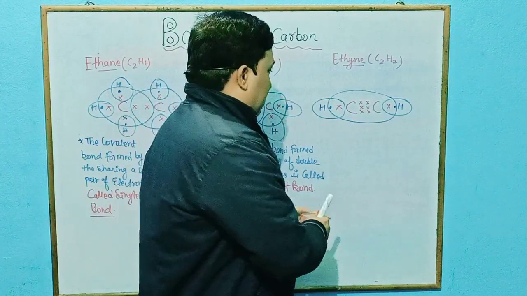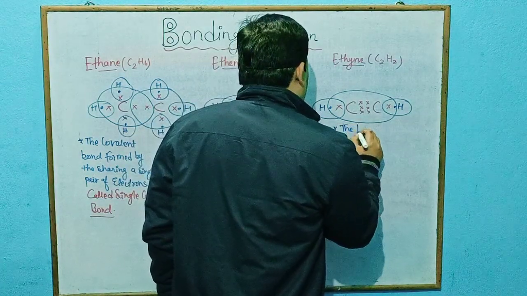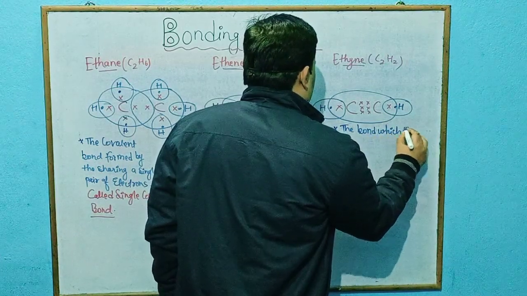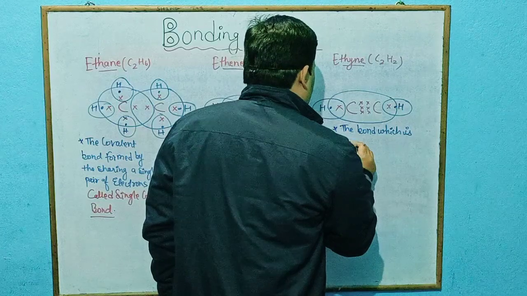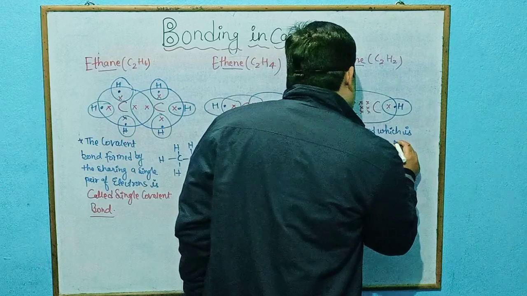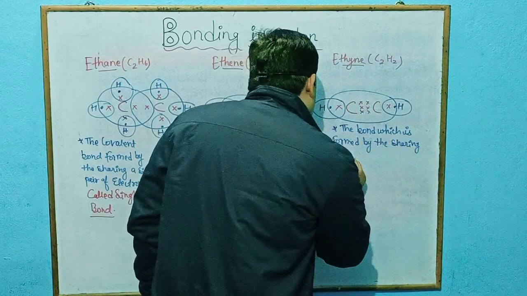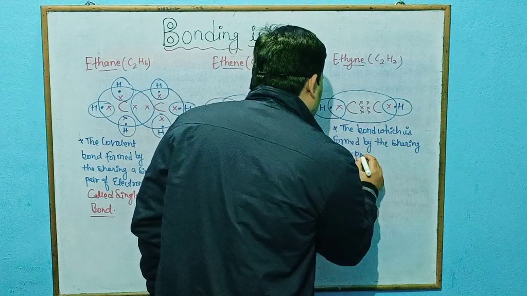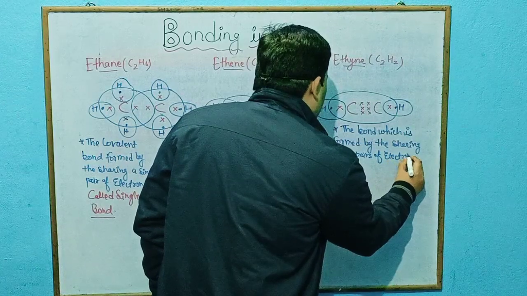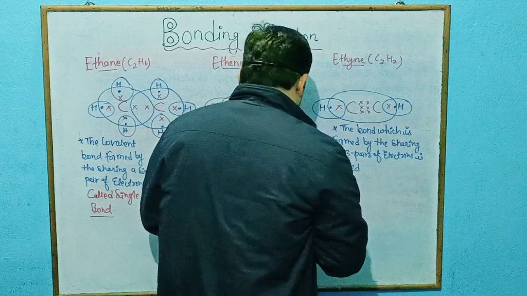So the bond which is formed by the sharing of three pairs of electrons is called a triple covalent bond.